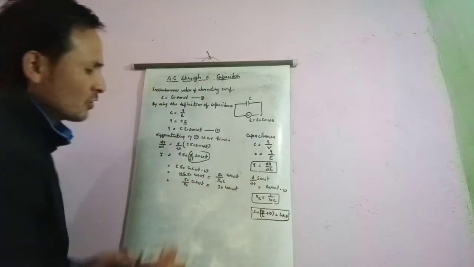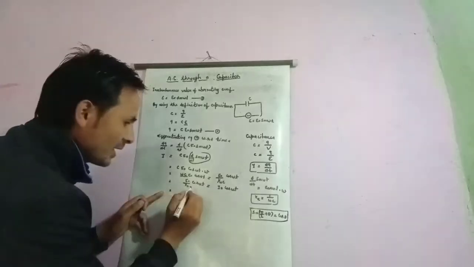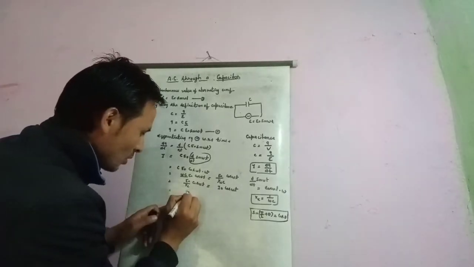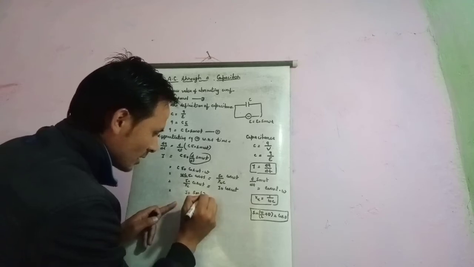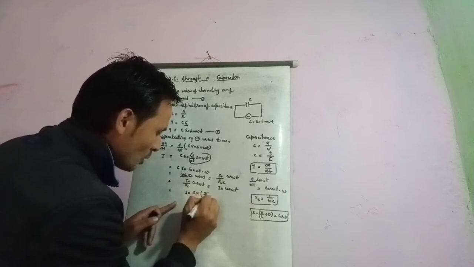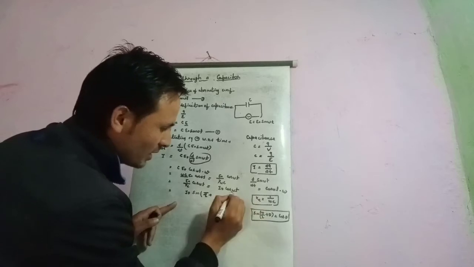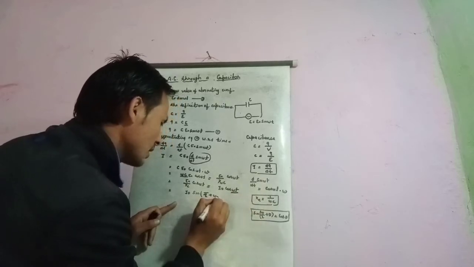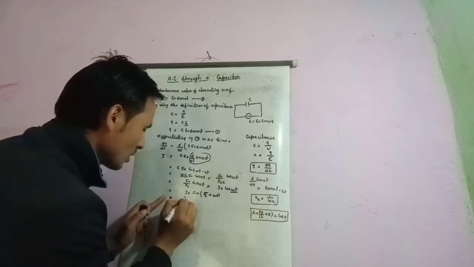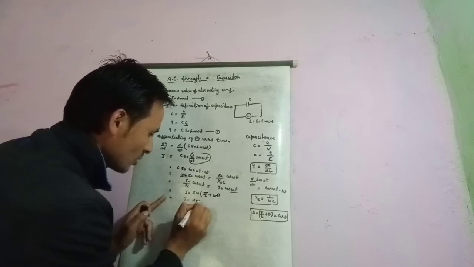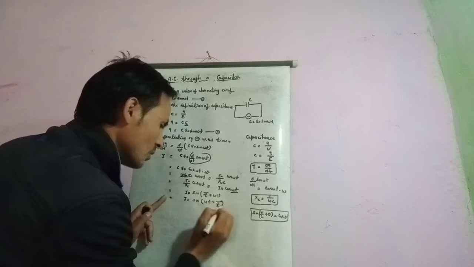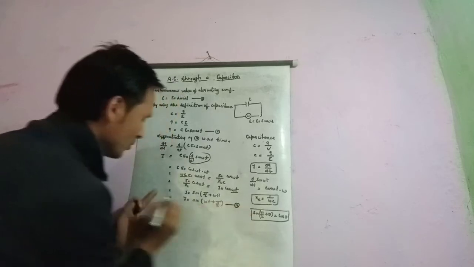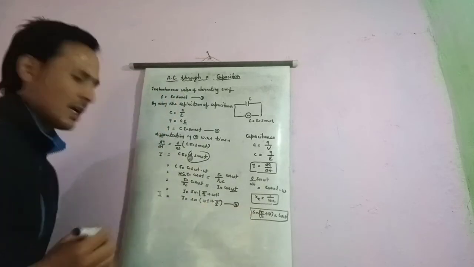So in place of cos omega t, we write I naught into sin of pi by 2 plus theta. The value of theta here is omega t. So we can write I naught sin of omega t plus pi by 2. This is equation number 3, and this is the value of capital I.